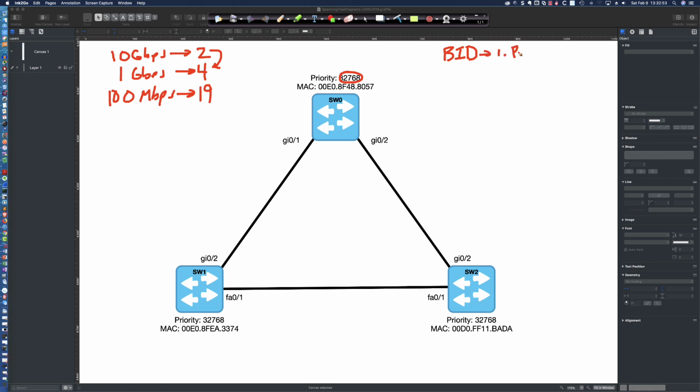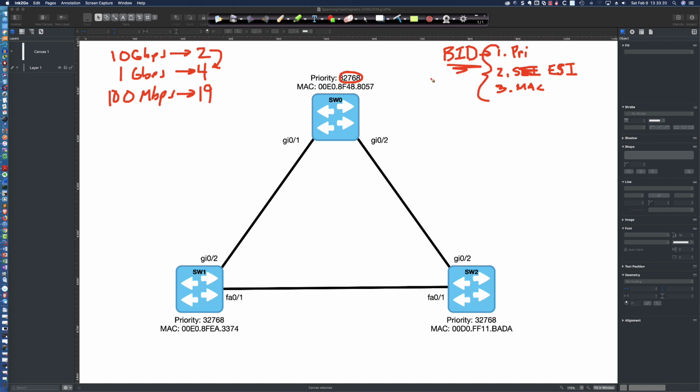I'll just put PRI for priority. It's made up of the system extension ID, or extended system ID, I should say, so we'll say ESI. And it's made up of the MAC address. Together, these 3 values make up your bridge ID.